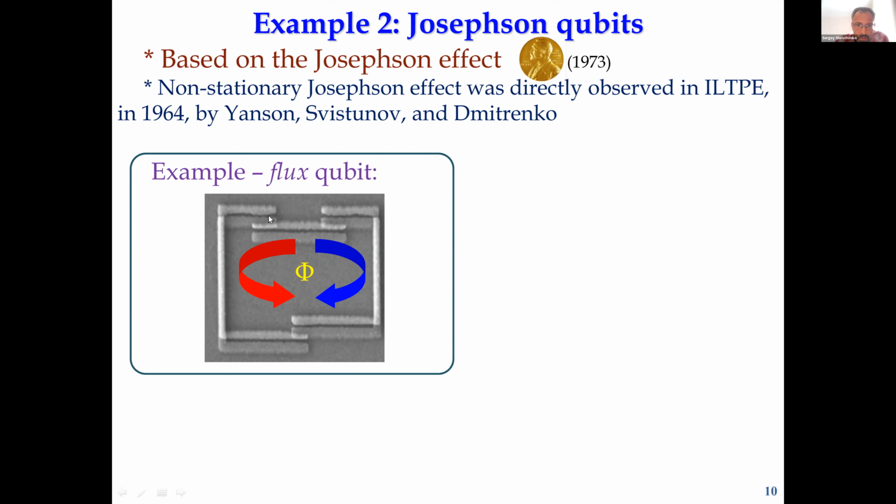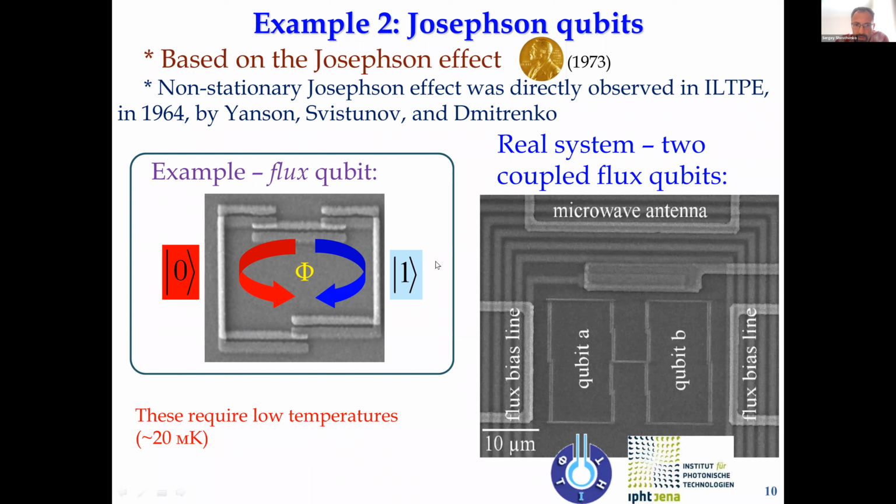This is a ring with several Josephson junctions pierced by magnetic flux, and these describe 2 basic states for which low temperatures are needed. And this is one of the examples, 2 coupled qubits controlled by DC and AC signals, and the readout.